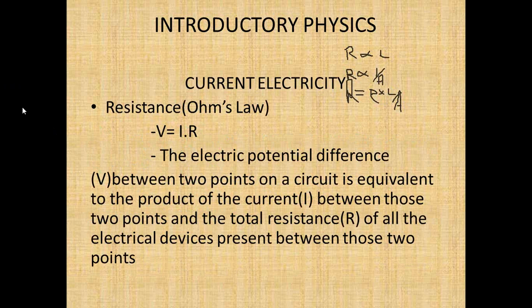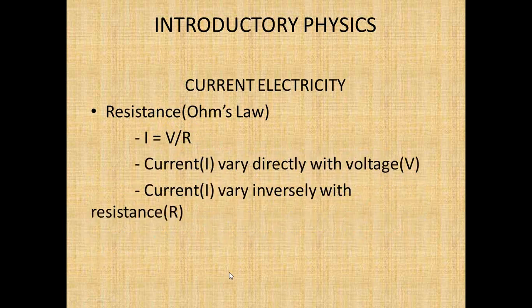Again, the voltage, or electric potential difference, is equivalent to the product of the current flowing between 2 points and the total resistance of all the electrical devices present between those 2 points. V equals IR.